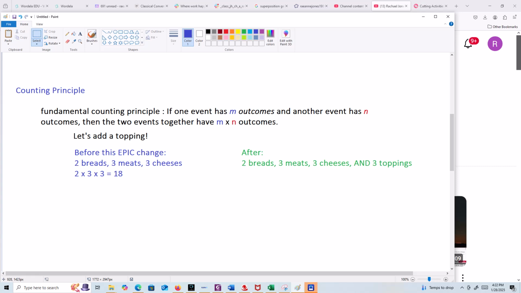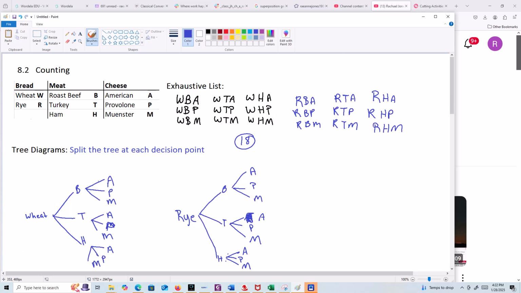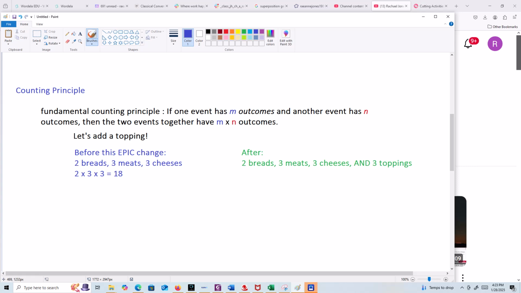But before this change, we have 2 breads, 3 meats, and 3 cheeses. So instead of counting and doing all of that and getting 18, we could have just said 2 breads times 3 meats times 3 cheeses equals 18. There will be 18 choices.